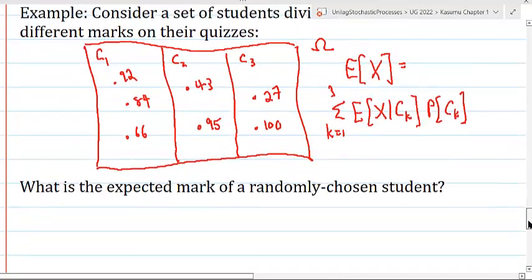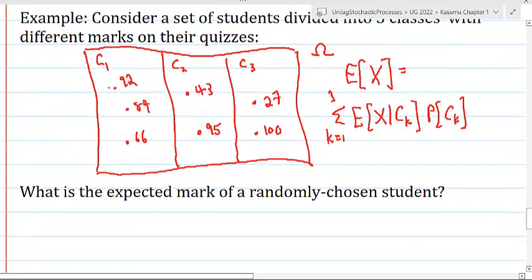Okay, so how would we do this? The first class, what's the expected mark of the student in class 1? Well, if we use the conditional probability formula, we get 0.92 times the probability of 92, that's 1 out of 3.